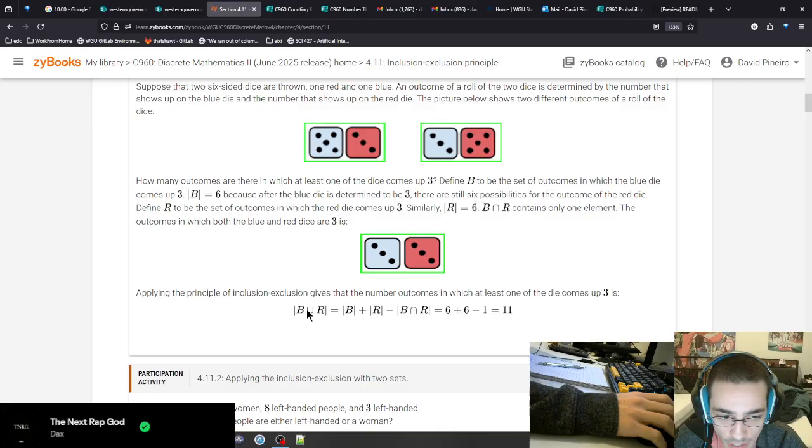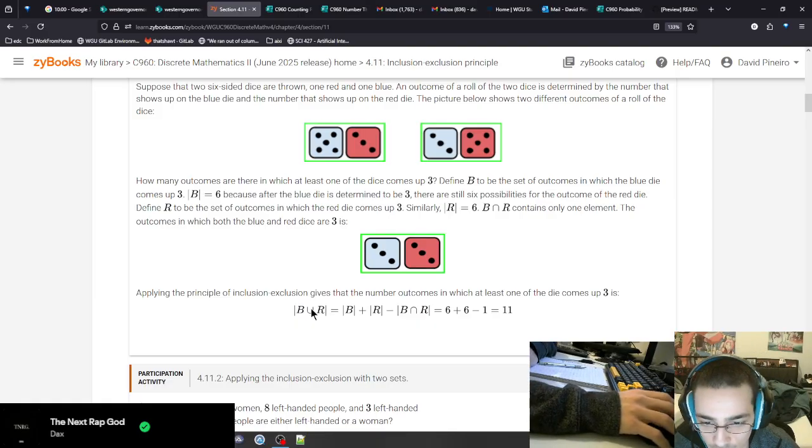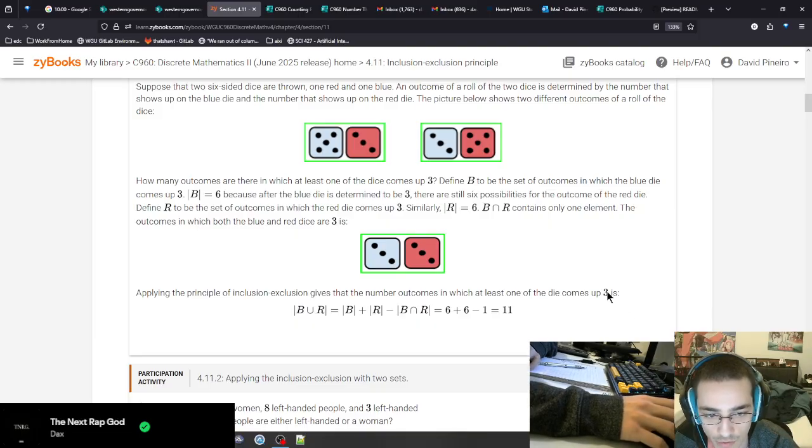At least one of the die comes up 3 is the union. Well, this makes sense. Because if you just put the B, that would mean only the blue would be 3. If you put only the R, only the red would be 3. But if you put union, you're kind of like adding them. So it's like both of them could happen. Well, yeah, at least one of the dice comes up 3.